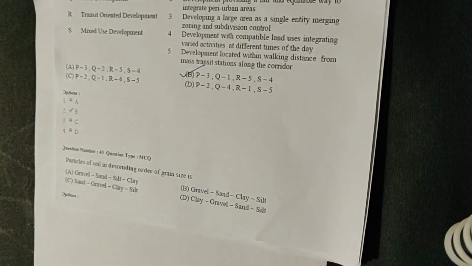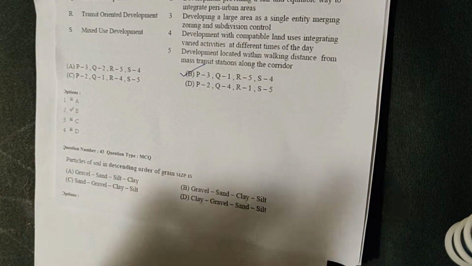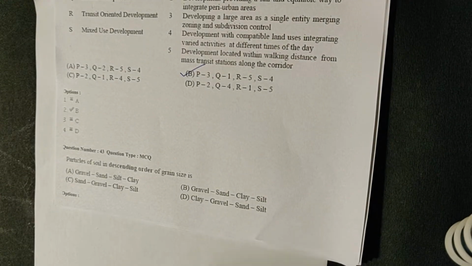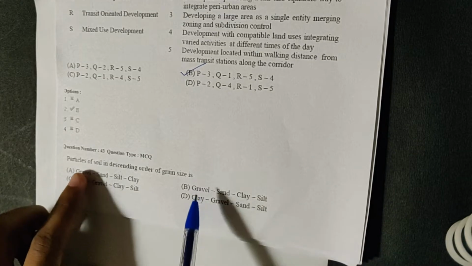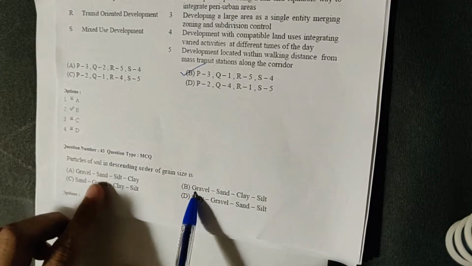The next question is, you have to arrange the particle size of soil in descending order. Descending as in from bigger to the smallest one. So a very simple answer. Gravel is the biggest one. So A and B becomes the answer. So obviously it has to be sand next.